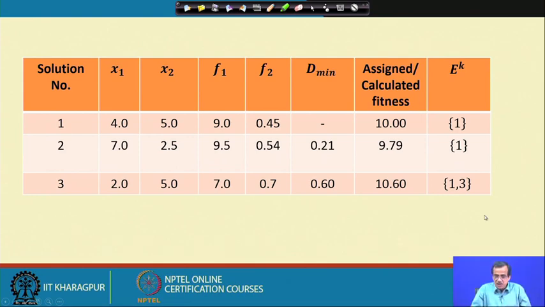So, this is the way, using this particular method, we can find out the Pareto optimal front solution, but one demerit which I have already mentioned is that it is computationally expensive, and as the iteration proceeds, the computational complexity of this particular algorithm is going to increase. That is actually the major drawback of this particular algorithm. Thank you.